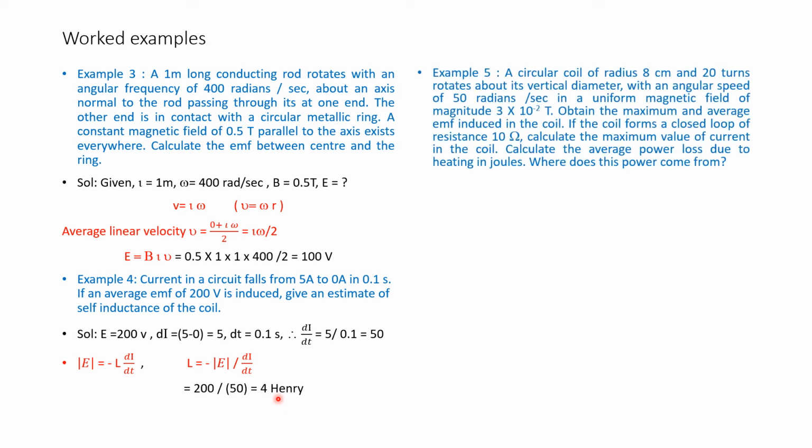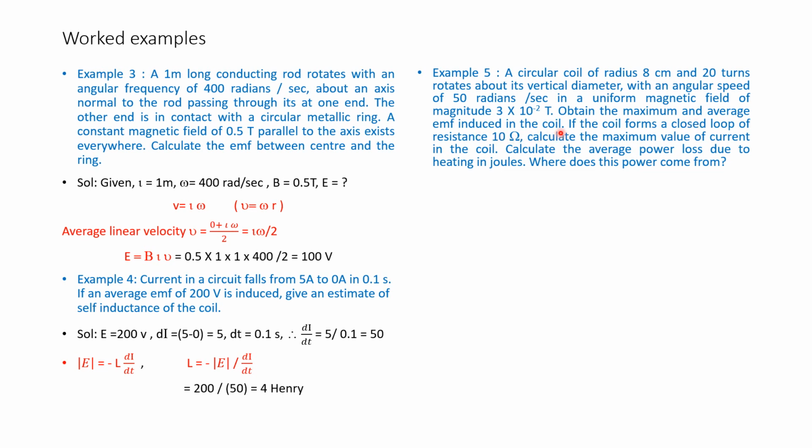Let us solve example number 5. A circular coil of radius 8 centimeters and 20 turns rotates about its vertical diameter with an angular speed of 50 radians per second in a uniform magnetic field of magnitude 3 into 10 to the power of minus 2 Tesla. Obtain the maximum and average EMF induced in the coil.